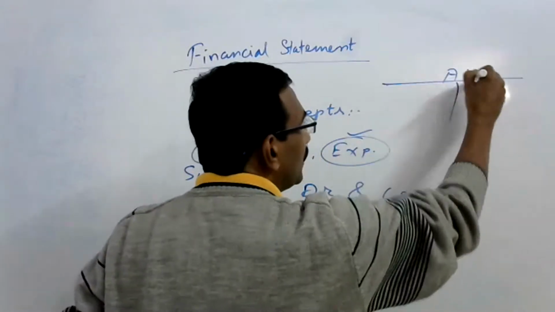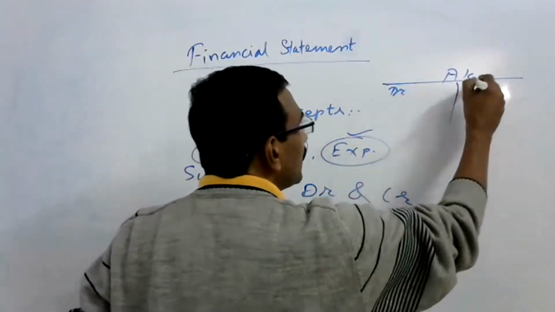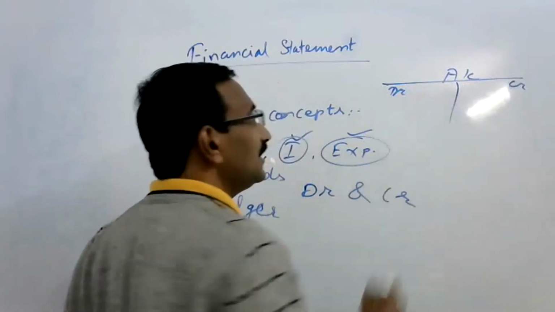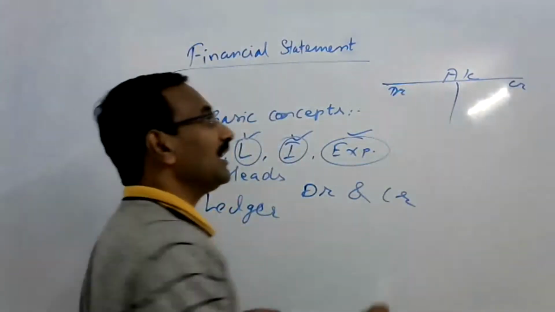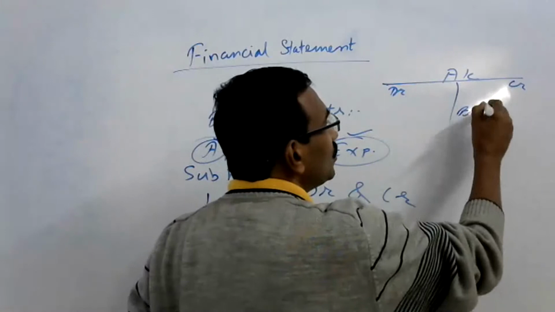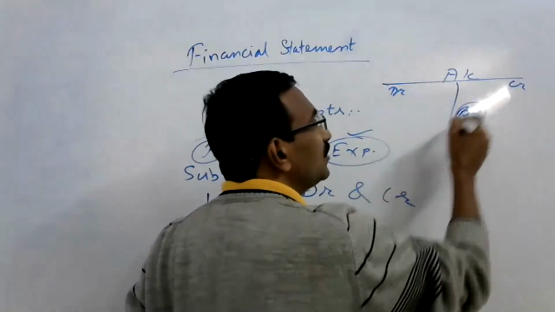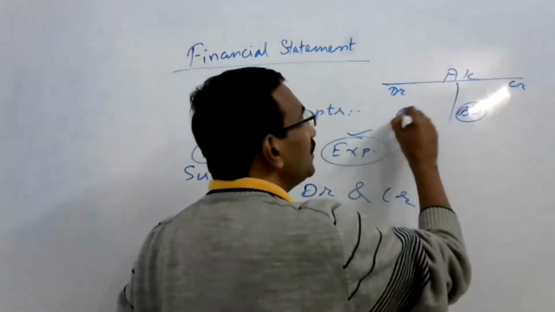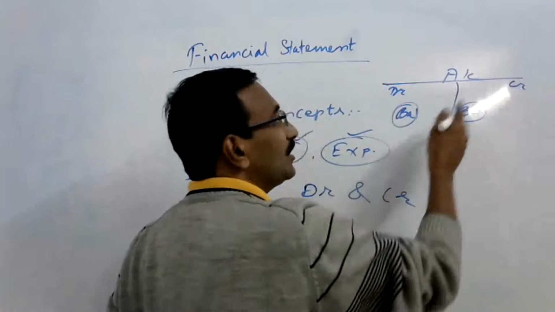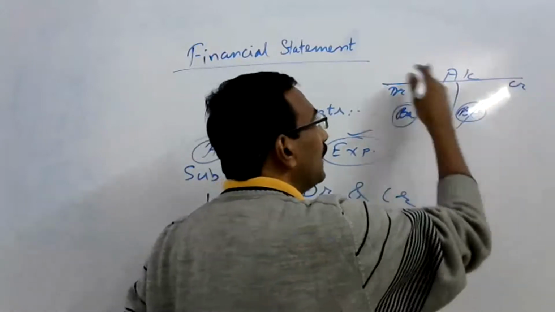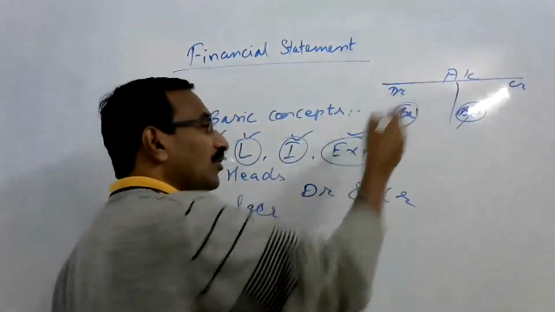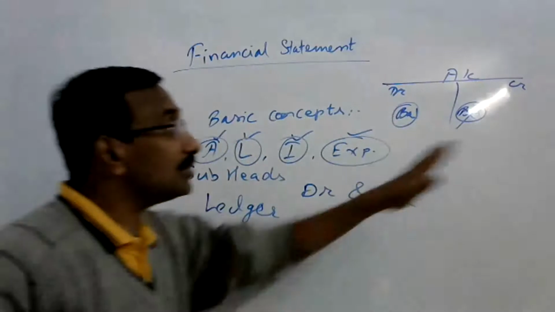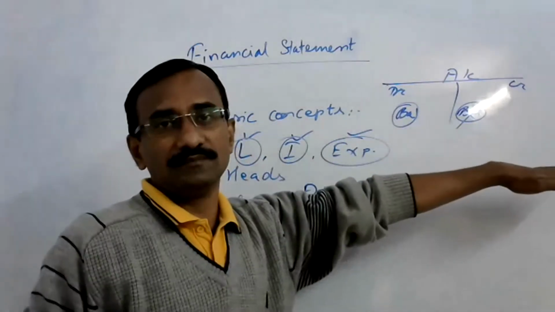This may be an account with some debit transactions and credit transactions, and then we see the balance. Sometimes we get a balance on the debit side; we call it a debit balance, because the debit side is more and the credit side is less. If the balance is on the credit side, we say it's a credit balance, because the credit side is more and the debit side is less.